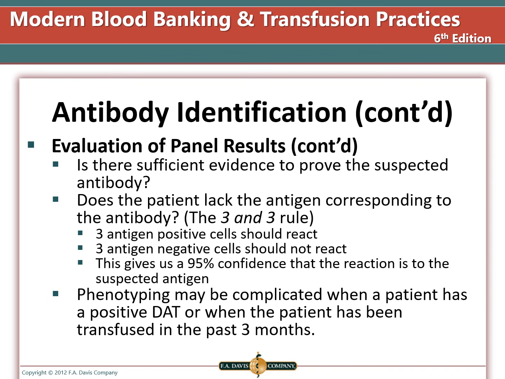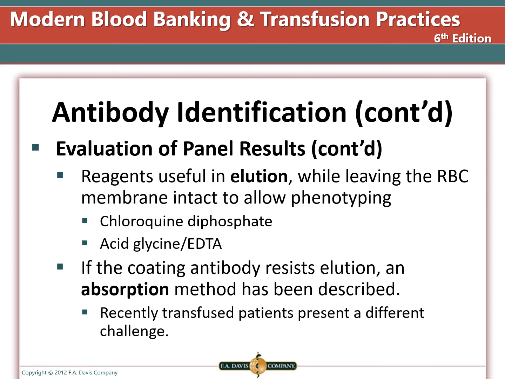to the suspected antigen. A patient's phenotype may be complicated when a patient has a positive DAT or when the patient has been transfused in the past 3 months. If a patient has a positive DAT, you will want to use chloroquine diphosphate or acid glycine EDTA to remove the antibodies on the cells.